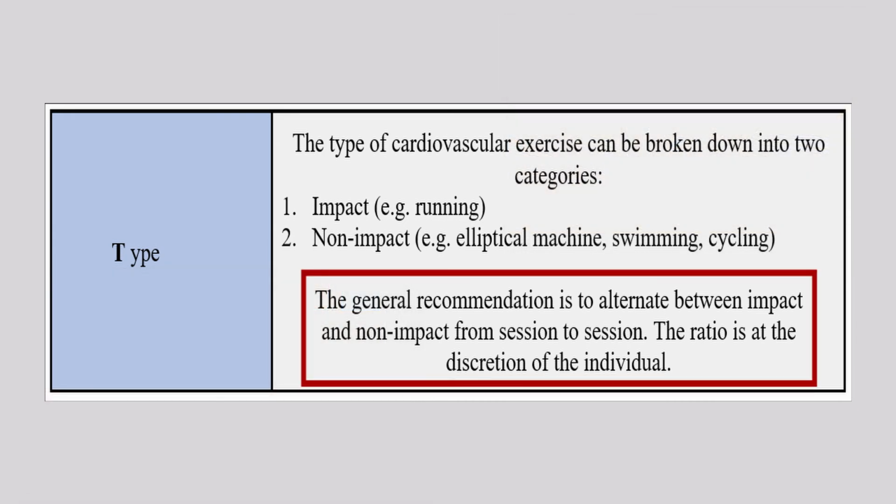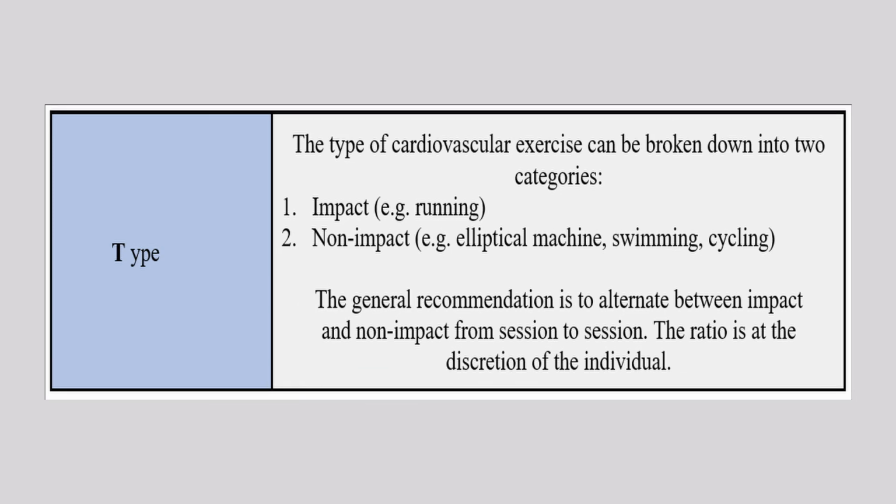And the general recommendation is to alternate between the two because it's good to put stress on your joints to force them to have to adapt to the stress and get stronger. But at the same time, too much of anything is not good. So you want to sometimes give your joints a break by inserting non-impact exercise into your overall program. And it's really up to the individual and or the coach as to what the ratio should be.